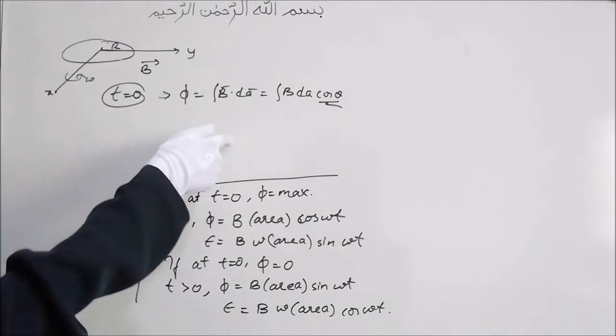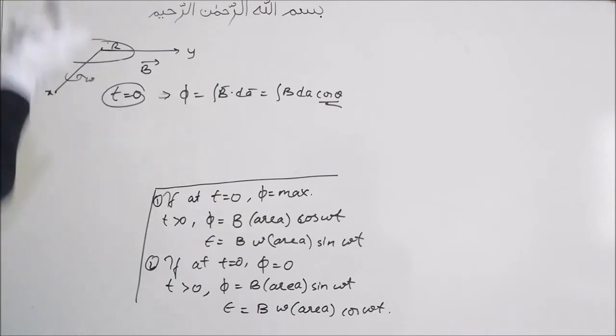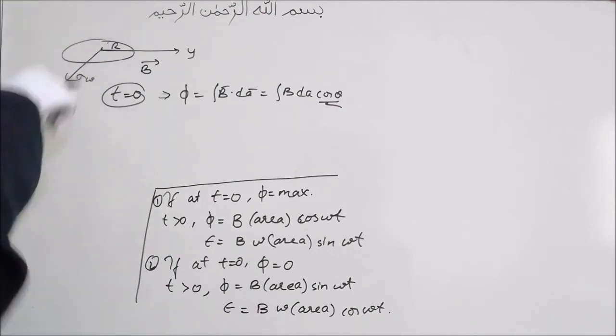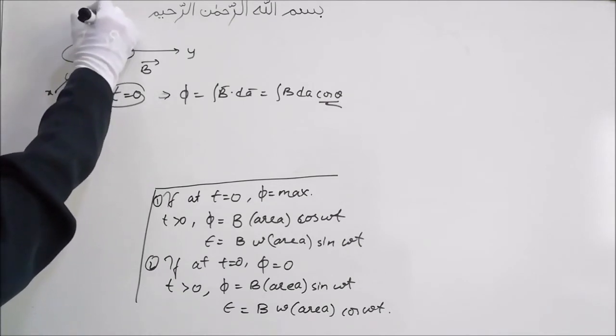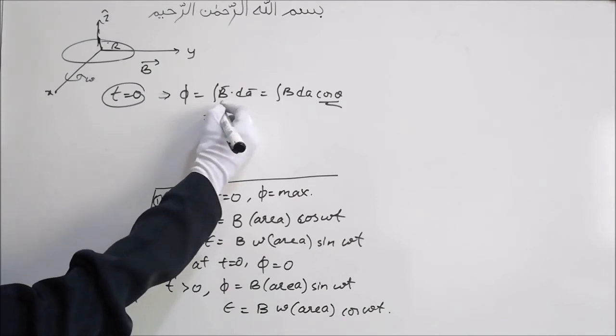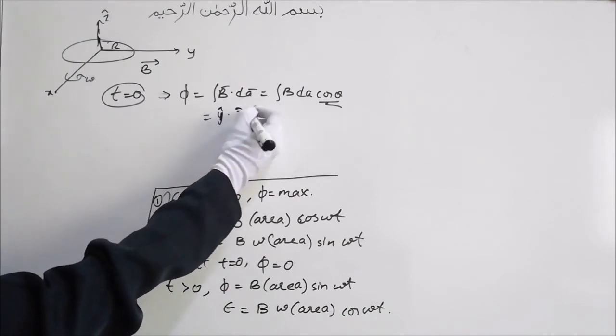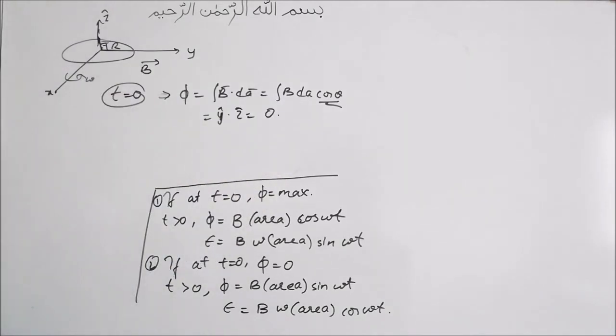So B bar is along the y direction and dA bar is along the z hat direction, or we can say minus z hat direction. Let's consider z hat to be the positive direction. So we have here y hat dot z hat, so the angle is 90 degrees. So cos 90 will be equal to 0. So at t equals 0, our flux is 0.